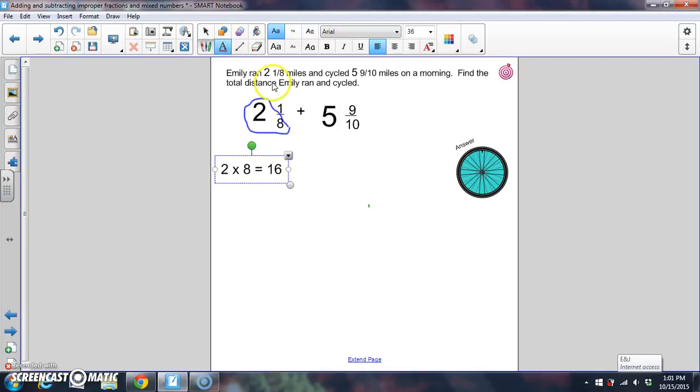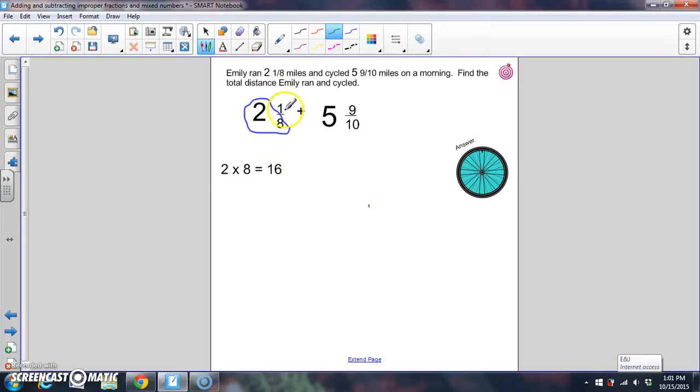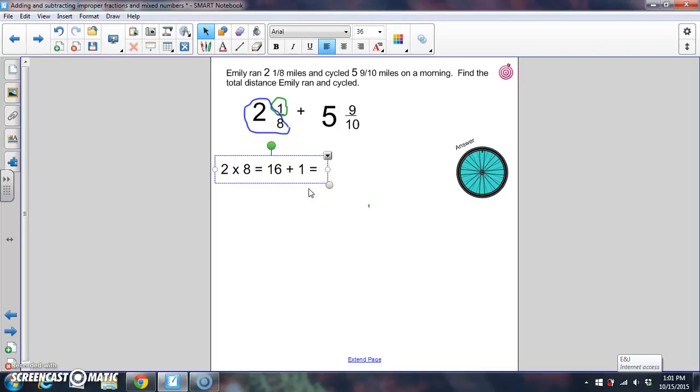Now let's add the numerator to that value. So 16 plus 1 is 17. Our denominator will stay the same, 17/8.